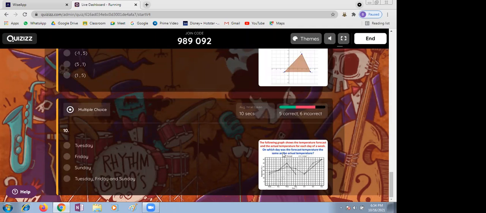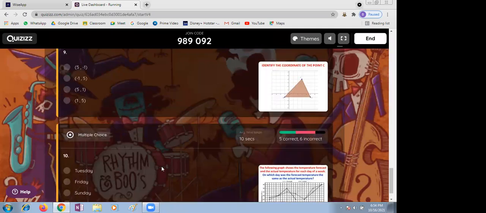On which day was the forecast temperature the same as the actual temperature? Ma'am, wherever the two line graphs are meeting, on those days the forecast is equal to the actual temperature, which is Tuesday, Friday, and Sunday. Yes. So option B. Nothing new, children.